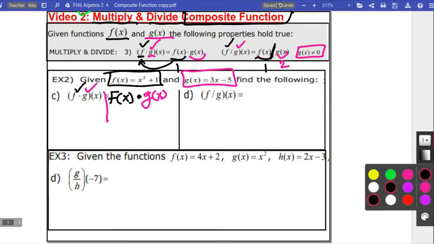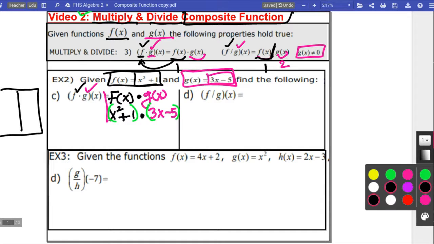What is f of x? f of x is right here, x squared plus 1, times this one, 3x minus 5. And then you can actually be kind and give them some parentheses so you don't make any mistake.